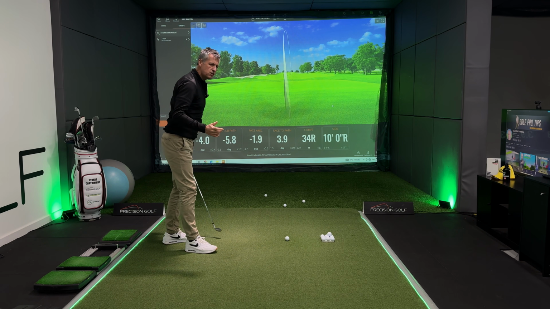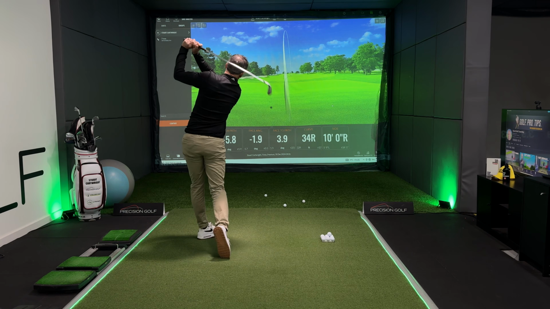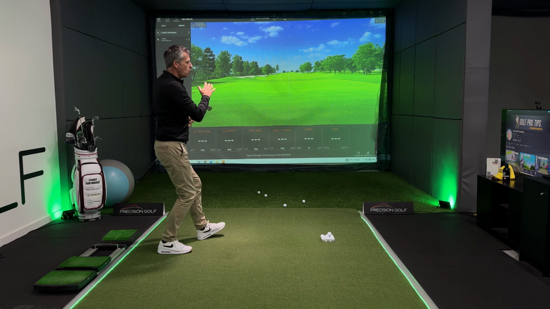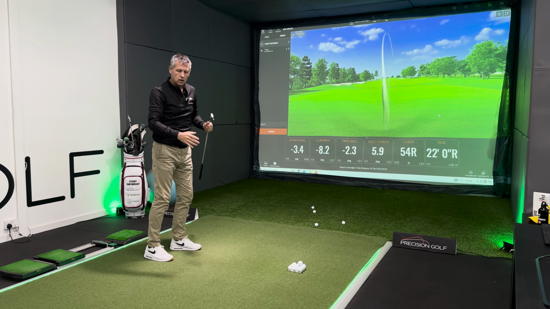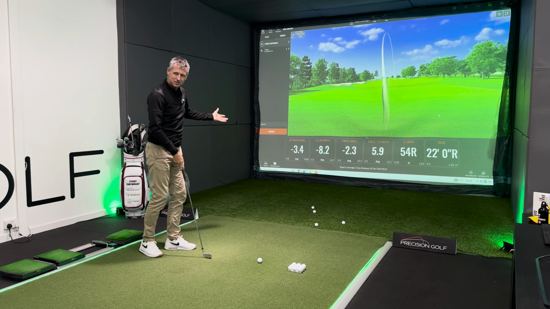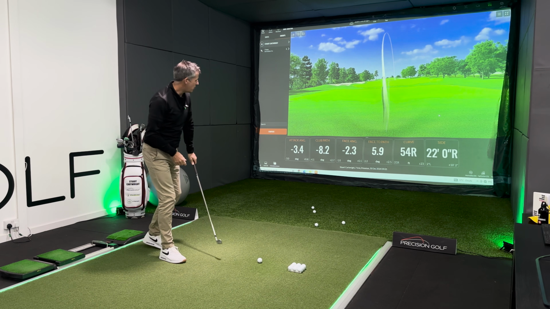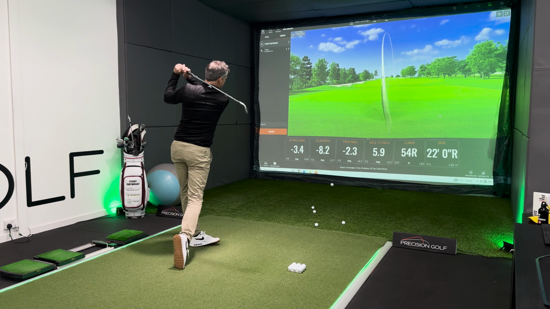Your job is to feel like you can reduce that face to path value so that the ball can bend less or more. The more bend you have, the more you have to aim left. The less bend you have, the more you have to take a direct aim at the target.